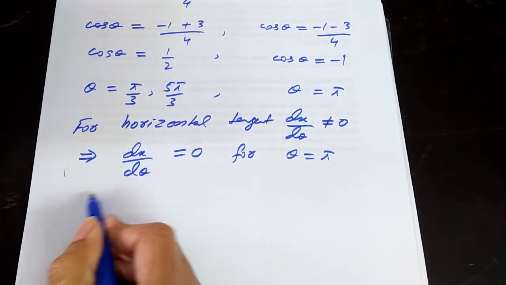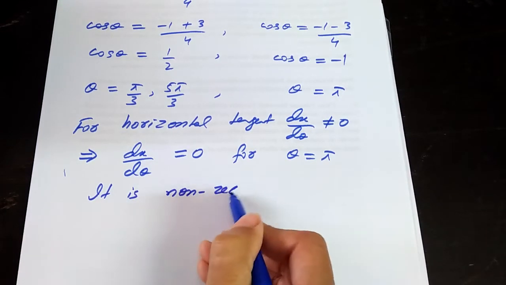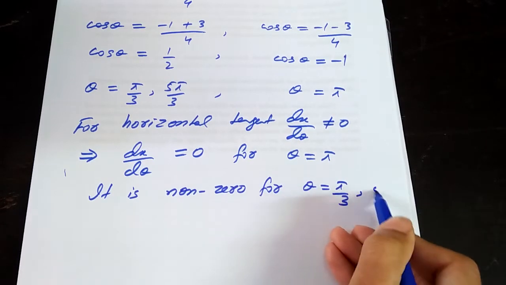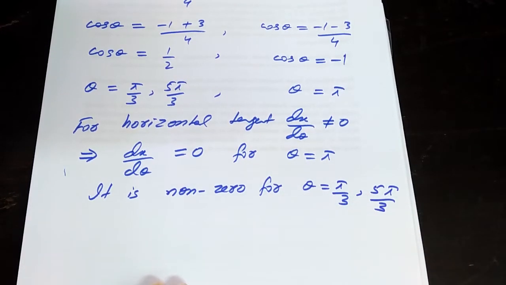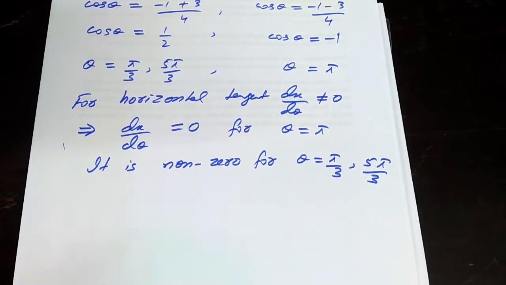And this whole term will be non-zero for theta equals pi by 3 and 5 pi by 3. Now we need to pick pi by 3 and 5 pi by 3.